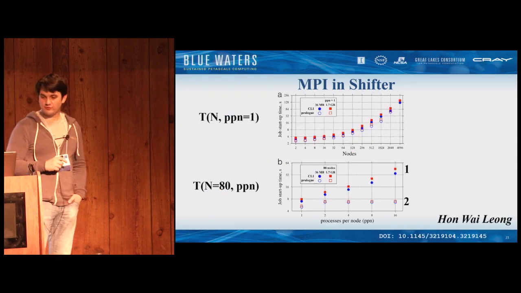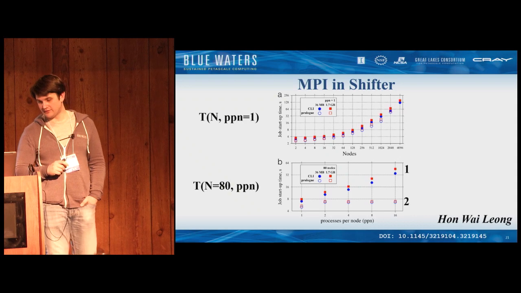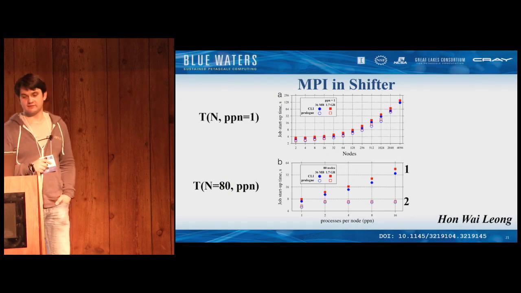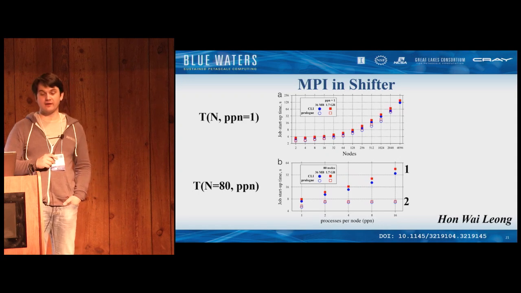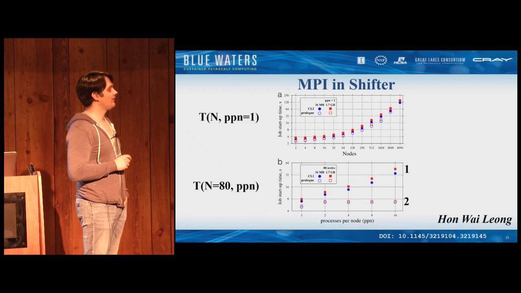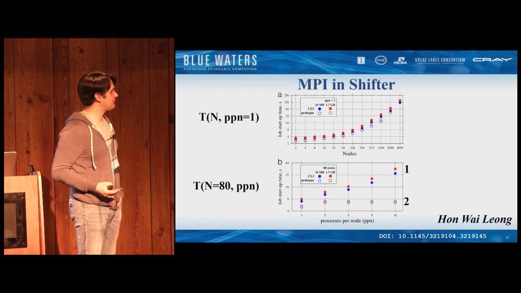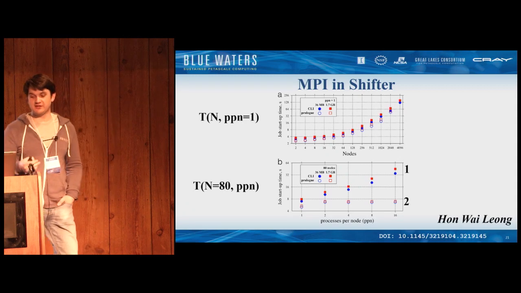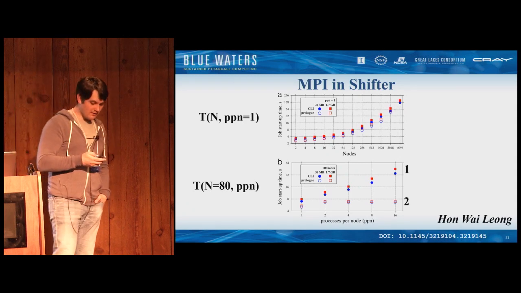And this is the work that we actually recently did. We computed the job startup time. So let's say you have a job in which you start your Shifter application in a Shifter container many times.